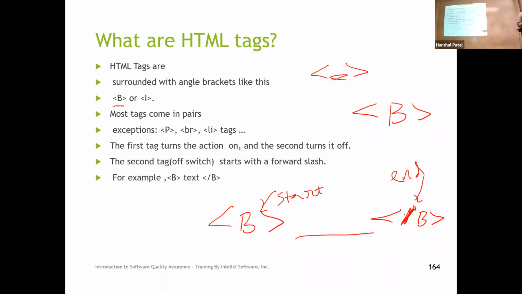There are some exceptions to it, for example a paragraph, a line return, which is the line break, or a list. And always the default is that the first tag turns the action on and the second one turns it off.